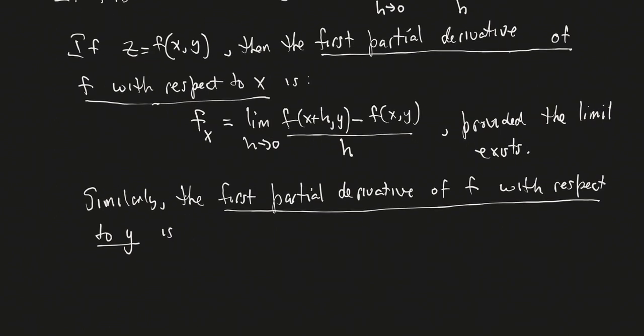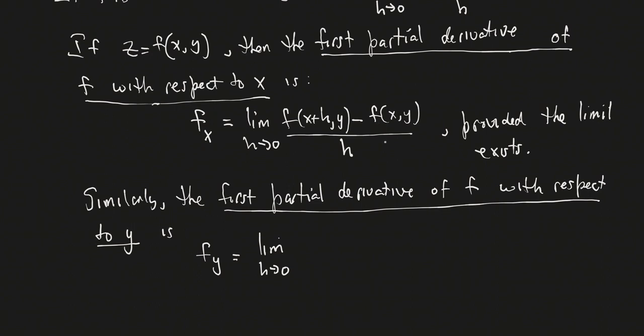And as far as notation, we just change that subscript of an x to a y. So we have f sub y. We still have our limit as h approaches 0. And now this is where it changes.